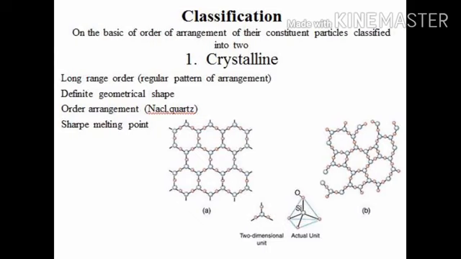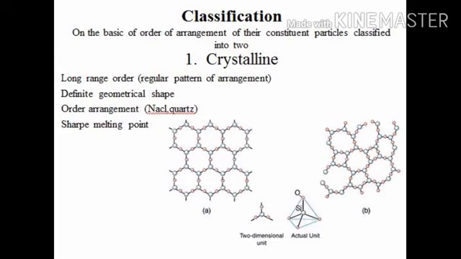Look at the figure. The first one, A1, is the benzene shape, so throughout, all the molecules have the same shape. Look at B1, that is amorphous. In this amorphous solid arrangement, one is big in size, one is small in size. There is no defined order.